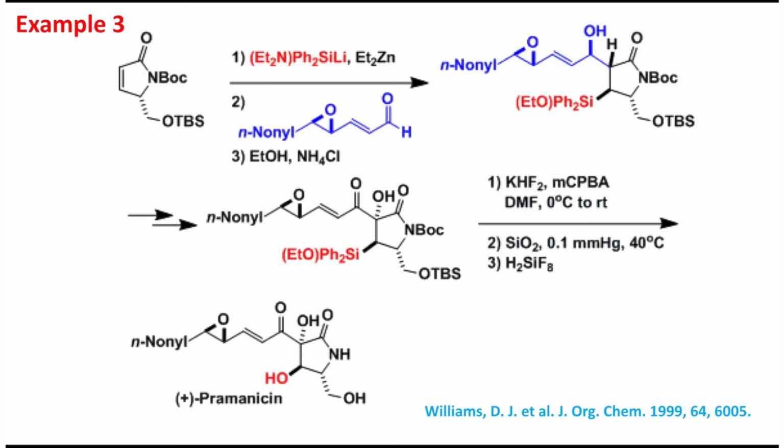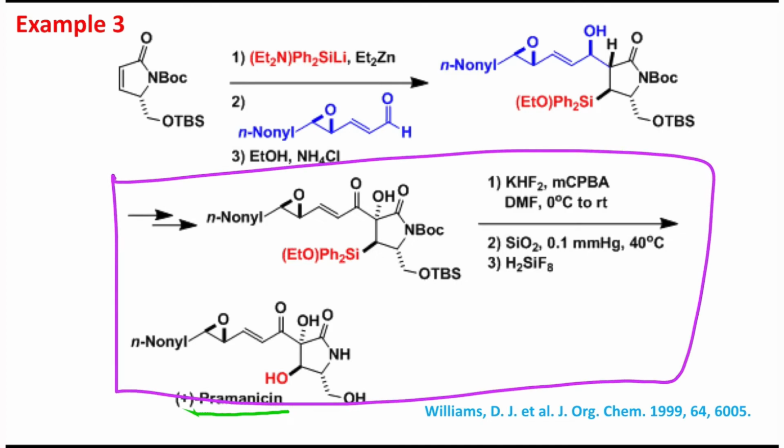Now let's come to the last example, that is this Pramacin. It's a natural product preparation, and here the main interest is this step. What happens? This carbon silicon bond is oxidized, and m-CPBA is used as an oxidant.